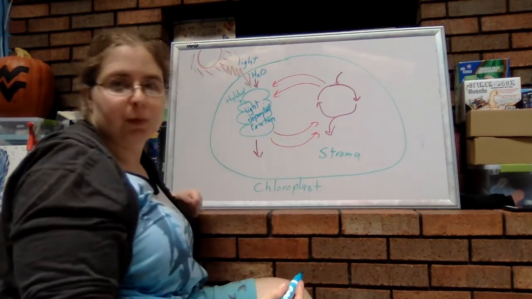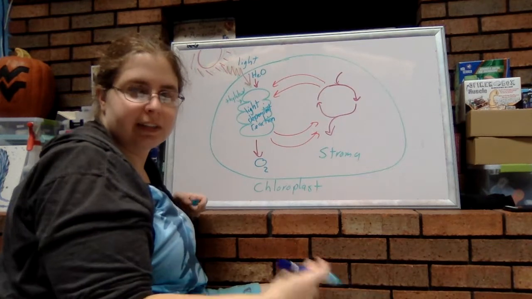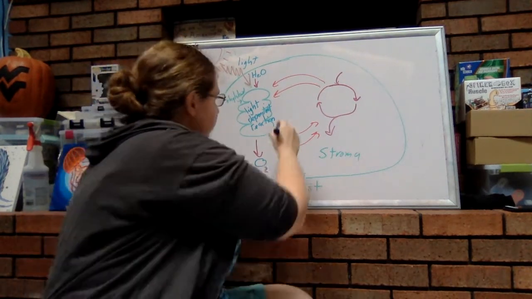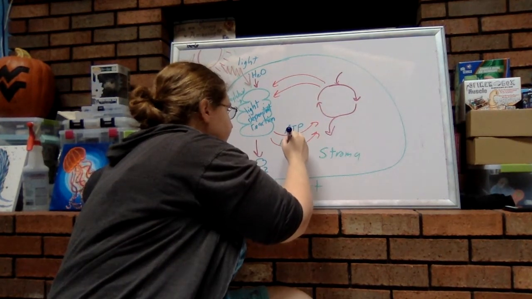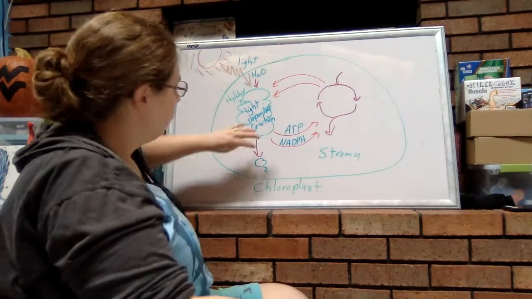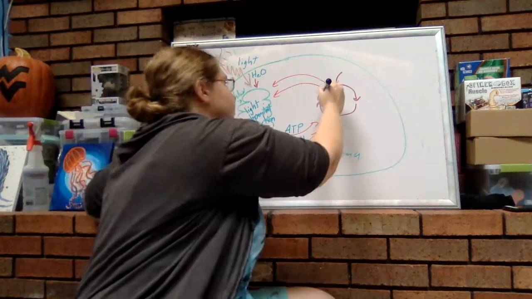And that gives us a couple products. Oxygen gas, which is going to be a waste product and given off, as well as we have ATP created here. We also have NADPH created. Those are going to go to the next step, the Calvin cycle.